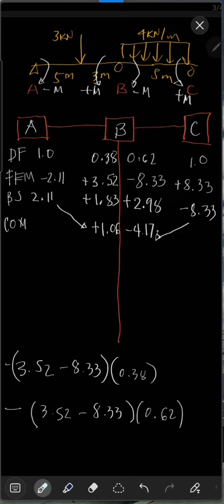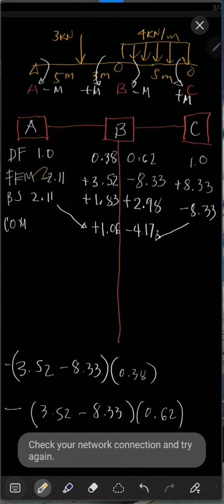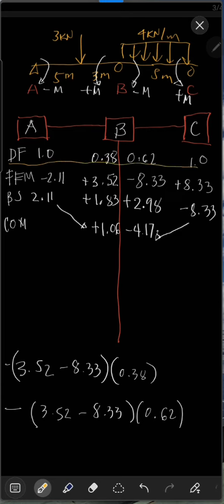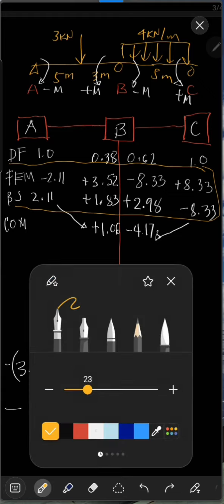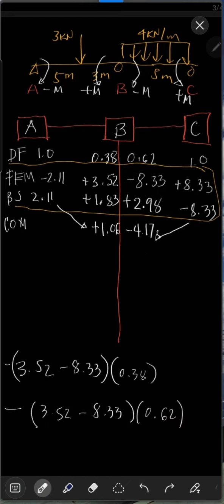So this is one unbalanced moment, which is the FEM, and one balancing of joints is one cycle. Then another cycle is the carryover moment, then another balancing of joints.